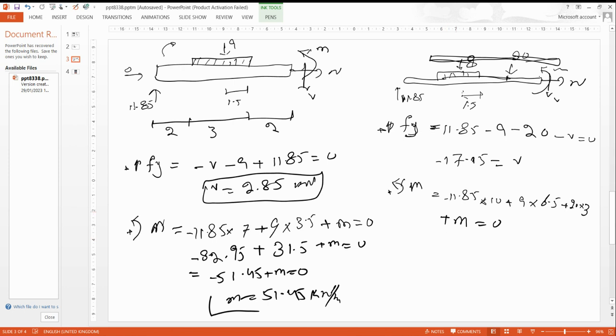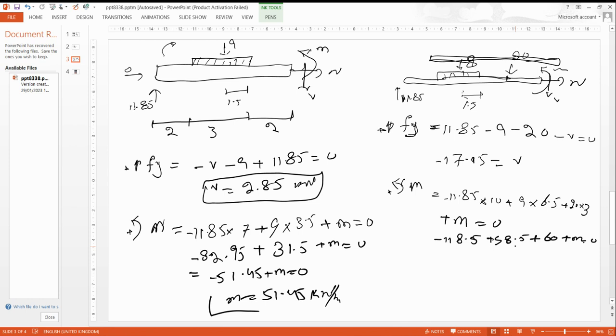Okay, so let me do this one. 11.85 multiplied by 10, so it's negative 118.5, plus 9 multiplied by 6.5, so it's 58.5, plus 20 multiplied by 3, which is 60, plus M equals 0.